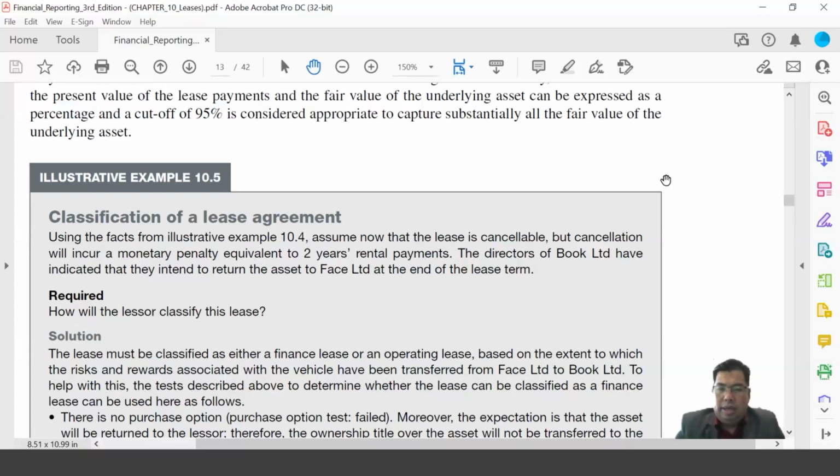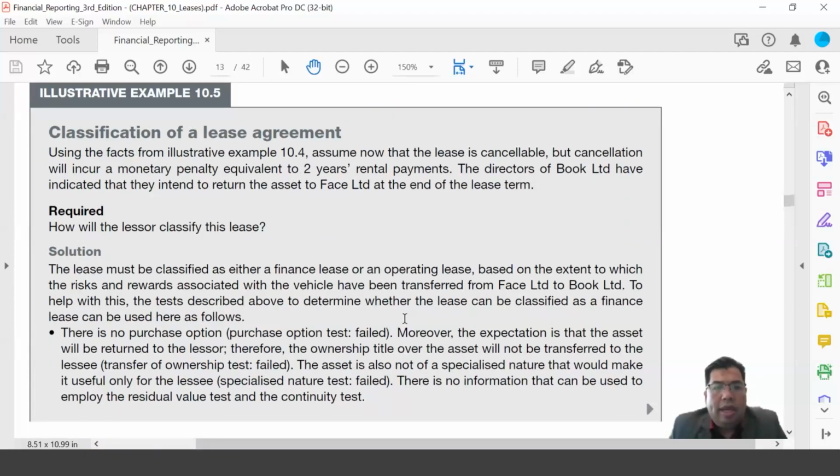The answer is that the lease must be classified as either an operating lease or a finance lease based on the reward and risk associated with the vehicles. To help with the tests described above to determine whether the lease can be classified as finance or operating lease: number one, there is no purchase option.